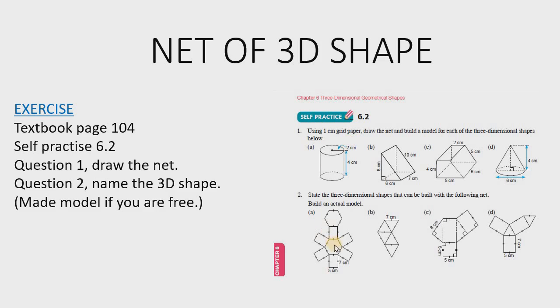Then question number 2 asks you to name the 3D shape based on the given net. Also same as question number 1, the building of the model, we do it later, because I'm worried you may face a problem like lack of material.